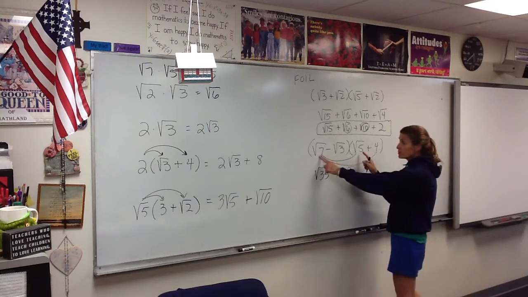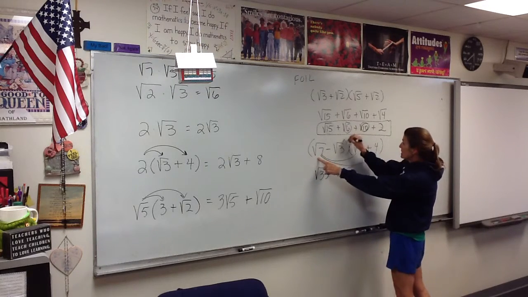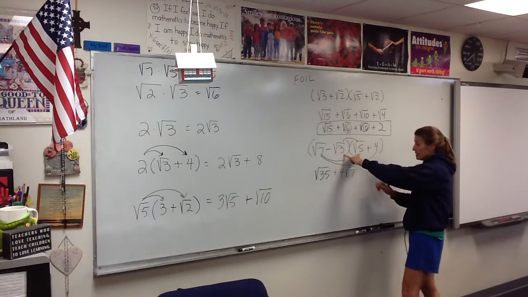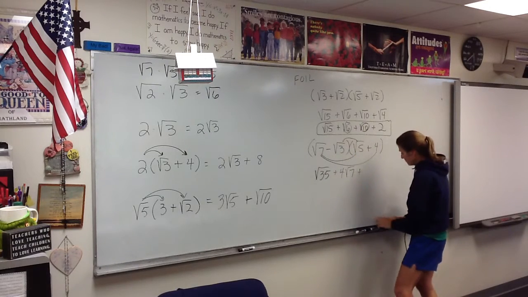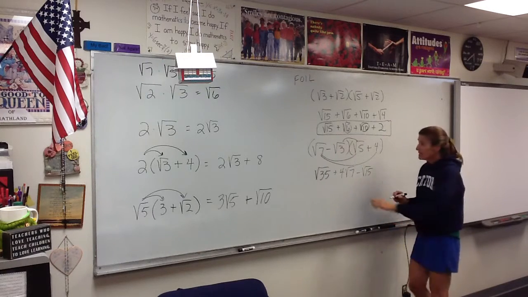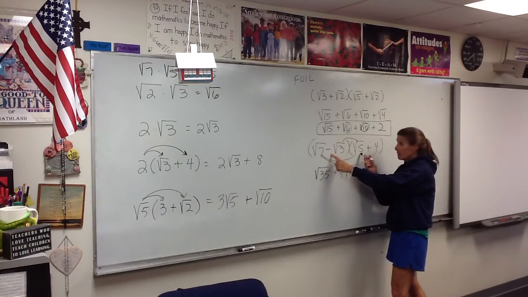All right, so I've done first times first. I've done outsides. Now I'm going to do insides. Radical 3 times radical 5. That will be, oops, minus radical 15. Do you see why it's minus? That's a negative radical 3 times a positive radical 5.